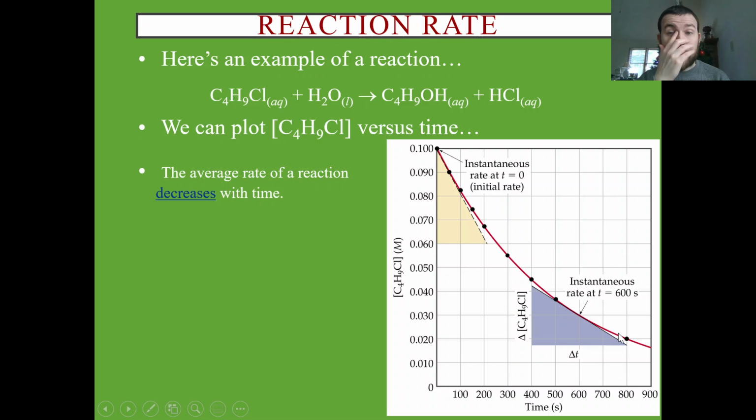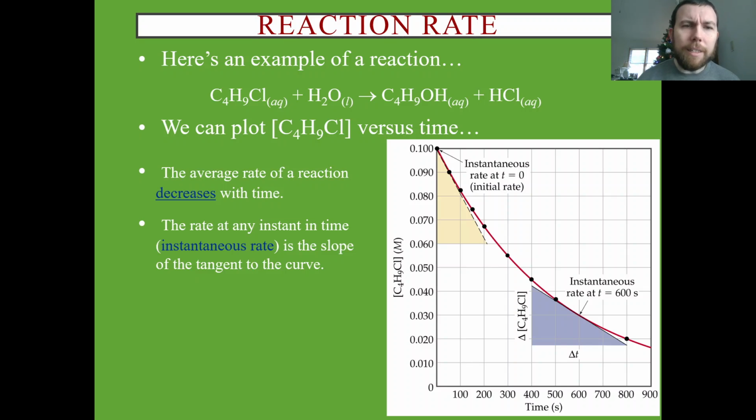So average rate of reaction is going to decrease with respect to time. The other thing that we need to consider is that the rate at any instant in time is the instantaneous rate. And so this is going to be the slope of the tangent, the line that's tangent to the curve at that particular point.